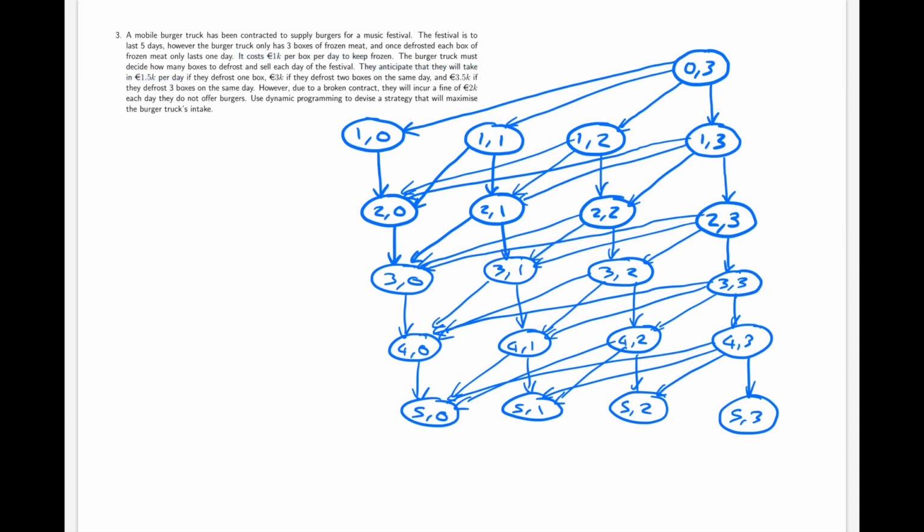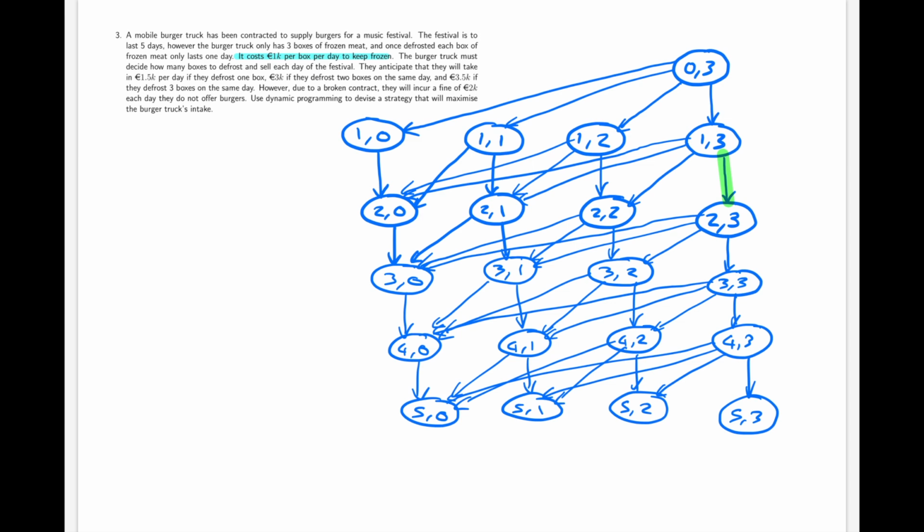Let's have a look at another action. For example, this action here. I start off in state 1-3 and I end up in state 2-3. What reward will I get here? So I have defrosted 0 boxes, so I will get no money at all from selling burgers. I am keeping 3 boxes frozen, and it costs me €1,000 per day to keep those boxes frozen.